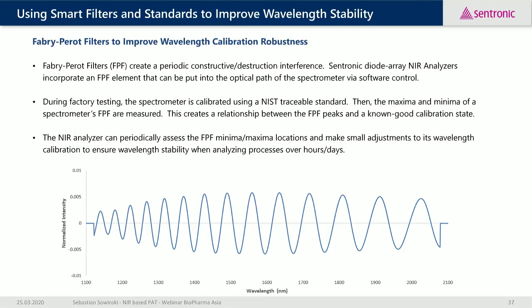The first 2 points we solve with internal filters and internal standards. For the wavelength stability of the system over time, we have a Fabry-Perot filter built into the unit, and this Fabry-Perot filter creates a periodic constructive destructive interference. And this interference characteristic of any individual unit is measured during the factory calibration, during startup of any system, and it represents a known good calibration state.